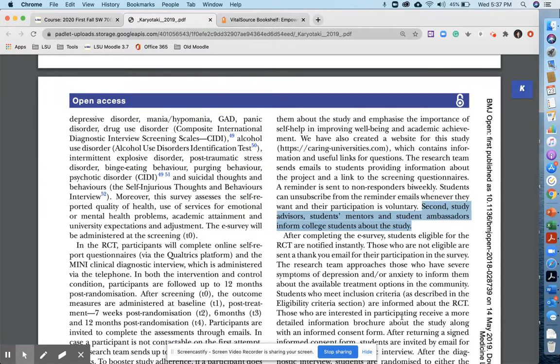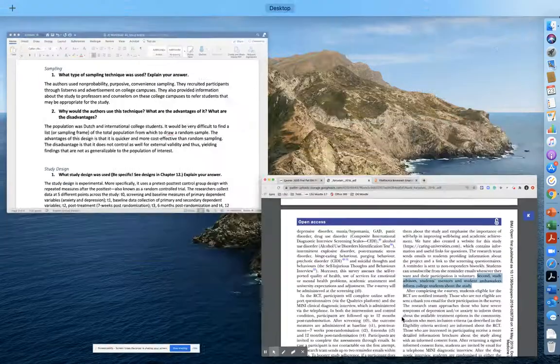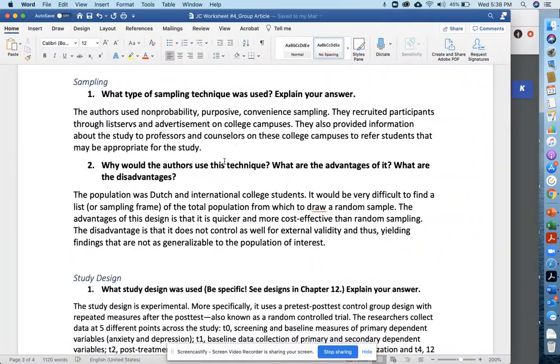So this would be like the college counselors on their campuses, student government, to spread the word and let people know about the study. So this is not a random strategy.